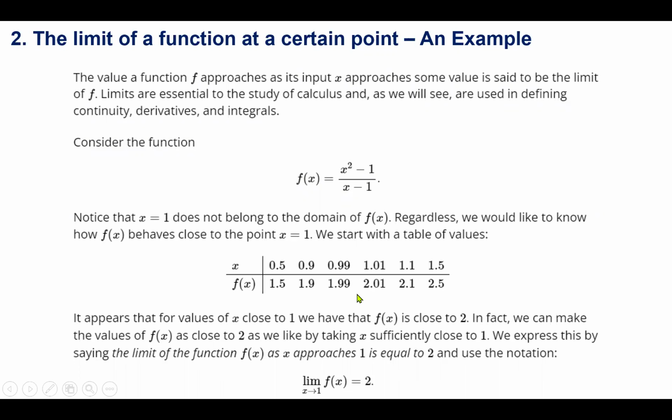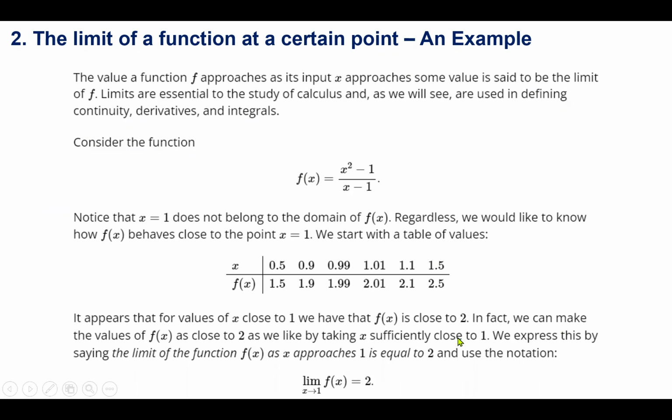This is a point to the left of x equals 1, but very close to x equals 1. And beyond that, if x equals 1.01, then f(x) equals 2.01. So as x approaches 1 from the right side, f(x) also approaches 2, but from the right side, right?